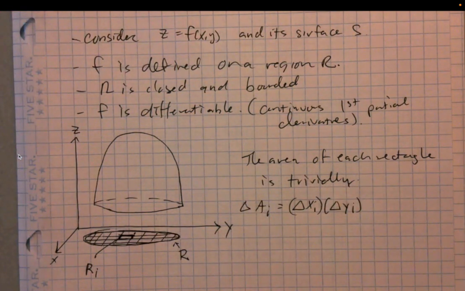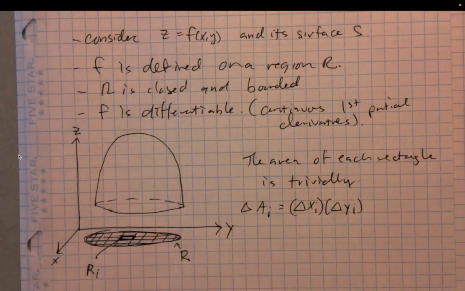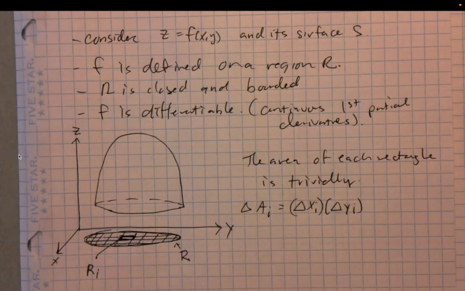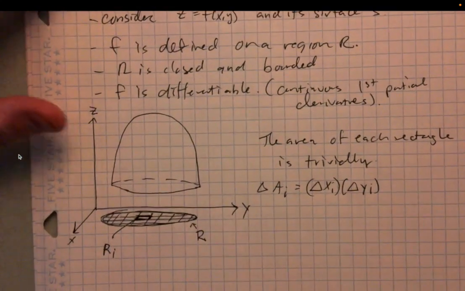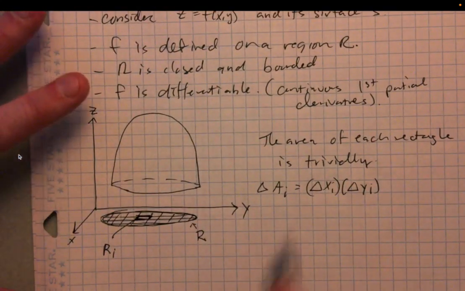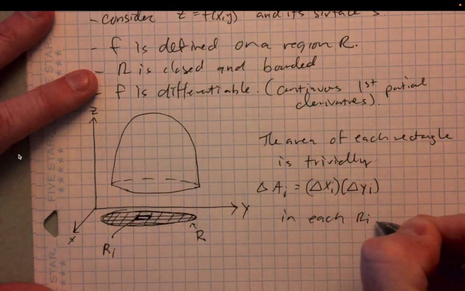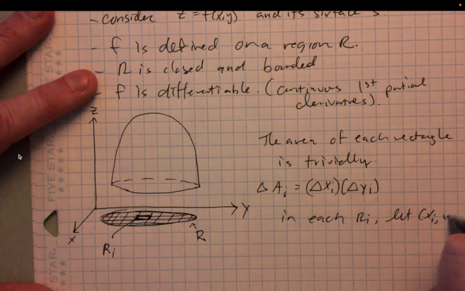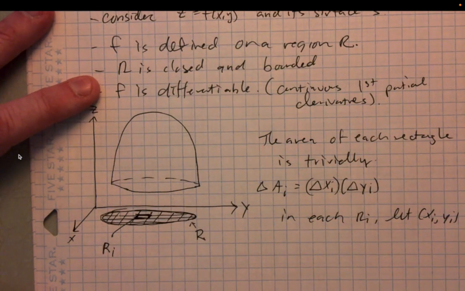So we've got this region here. This is the domain of our function f, and it's a rectangle, so it has this area. Then in each R_i, let's identify a point (x_i, y_i), and in this case we'll say it's the point closest to the origin.